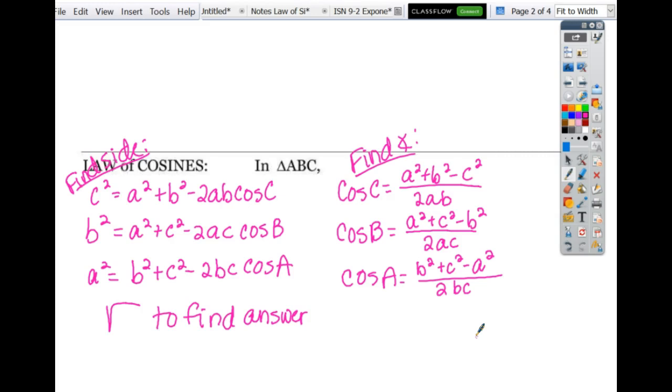You have to find the inverse cosine, right? So you have to find the inverse of this number to get your angle. And you're going to have to take the square root to get your answer on this one.